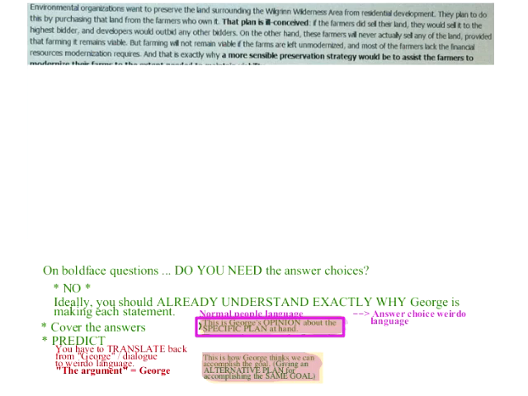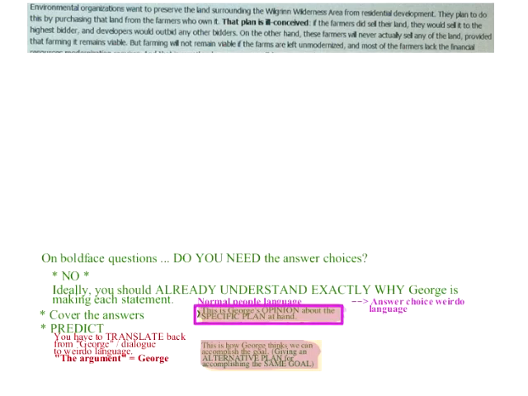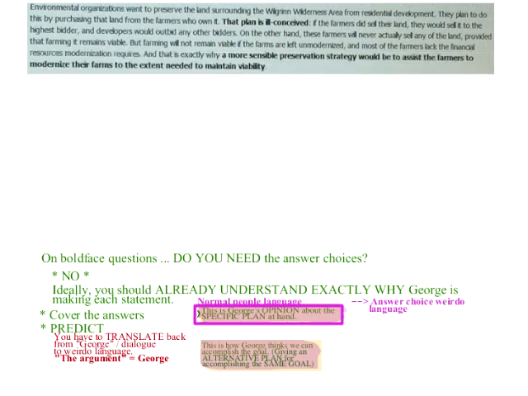The goal is not what the orgs are trying to do. The goal is to preserve the land, which George thinks is a perfectly fine and noble goal. George has no issues with the goal. George has issues with how they want to get there, but not with the goal itself.